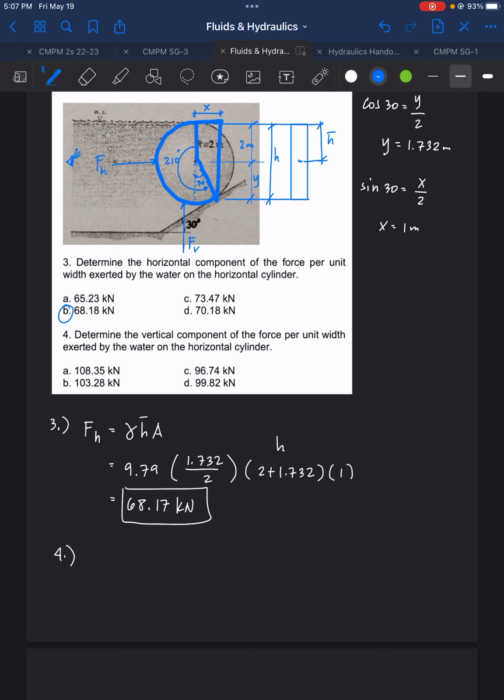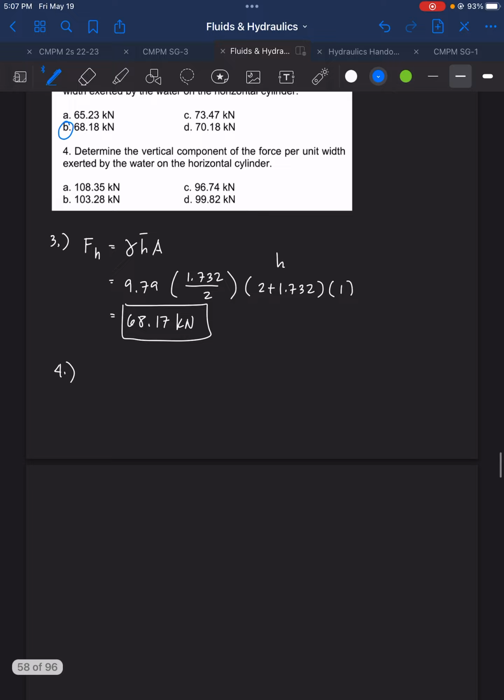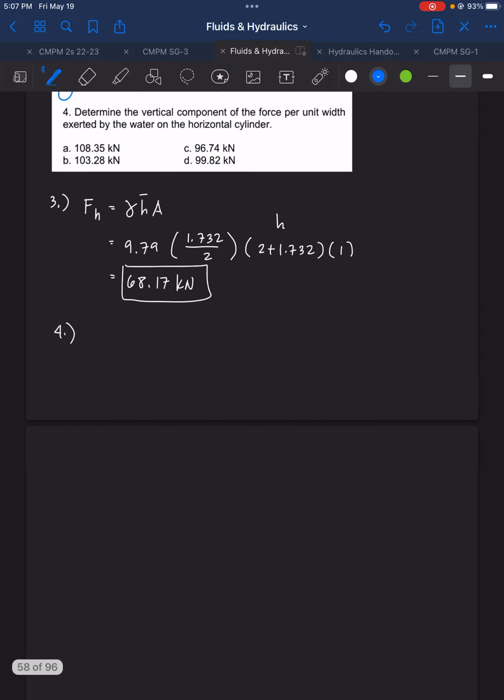Okay, and then we need to compute for the area of the trapezoid. For the area of the sector, why are we getting the area? Because of the formula F_V equals gamma volume. So we need the area. Area of the sector is equal to 1/2 radius squared theta.